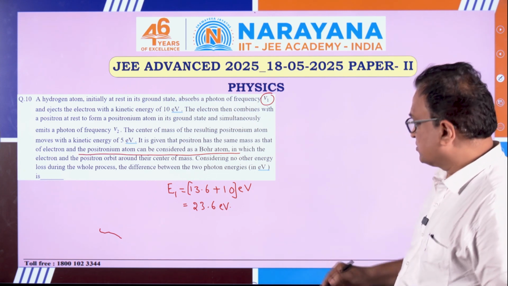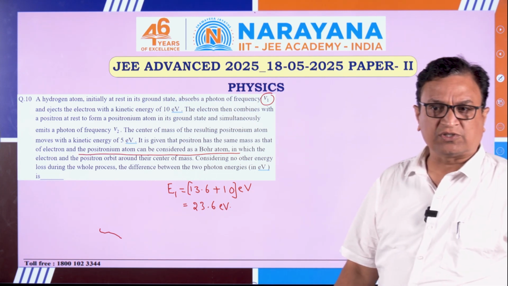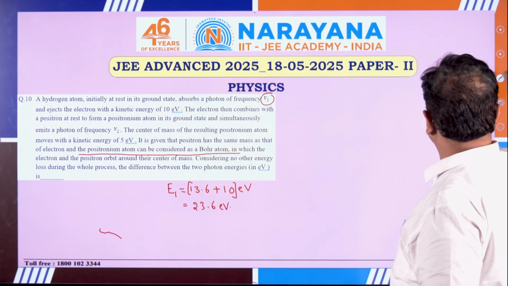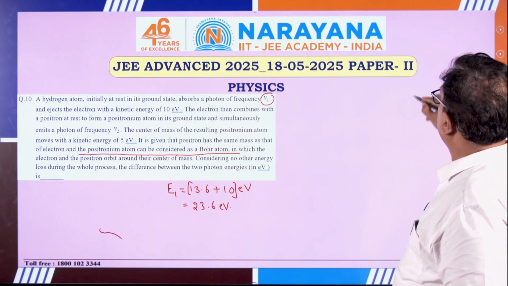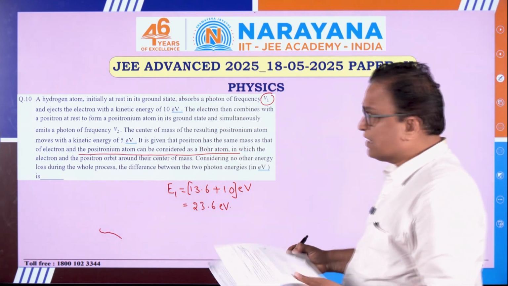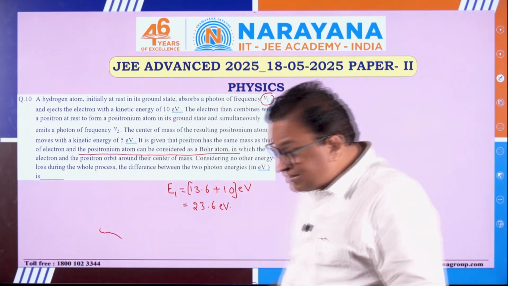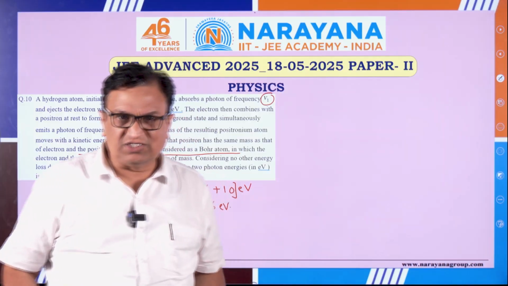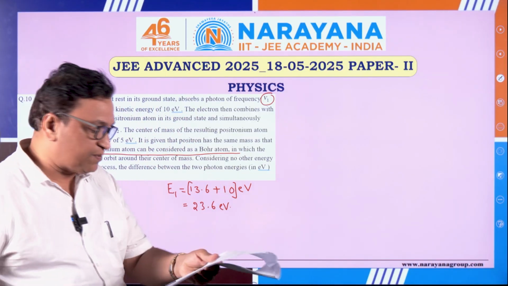Let me try to understand. What you have is this 10 electron volts only outside. Now what is happening to this 10 electron volts? Let me change the color of my pen for the second part of my calculation. Please focus on this calculation part, because the first part everyone will reach; only in the second part will you face a problem.